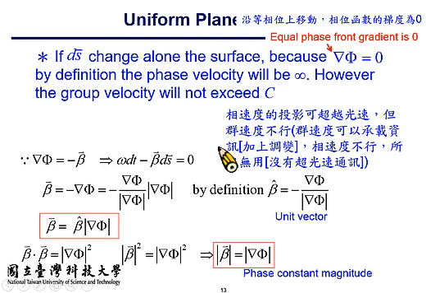So what is this? Comparing to the statement over here, that should be what? The phase velocity of the wave along its propagation direction.